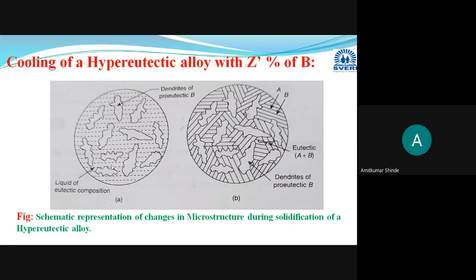Please draw this third diagram. It is the alloy for microstructural changes during solidification of hypereutectic alloy with Z dash percent of B. Just draw the diagram. I will explain it.